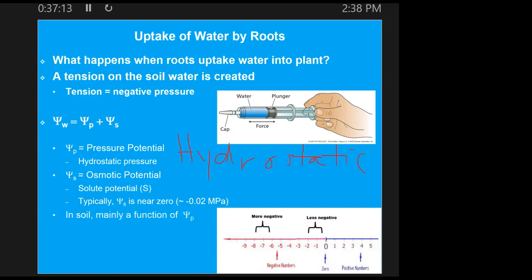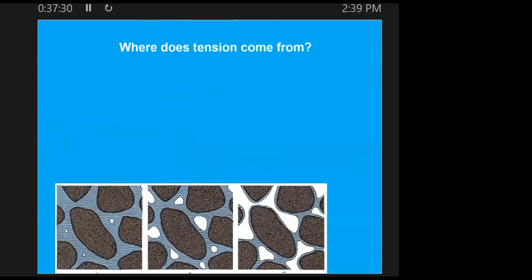All right, so as the roots are taking up water, that action is creating a tension on the water molecules in the soil. If you can imagine the roots taking up water, going back to figure A again, let's say you just irrigated your soil or your pot of soil.